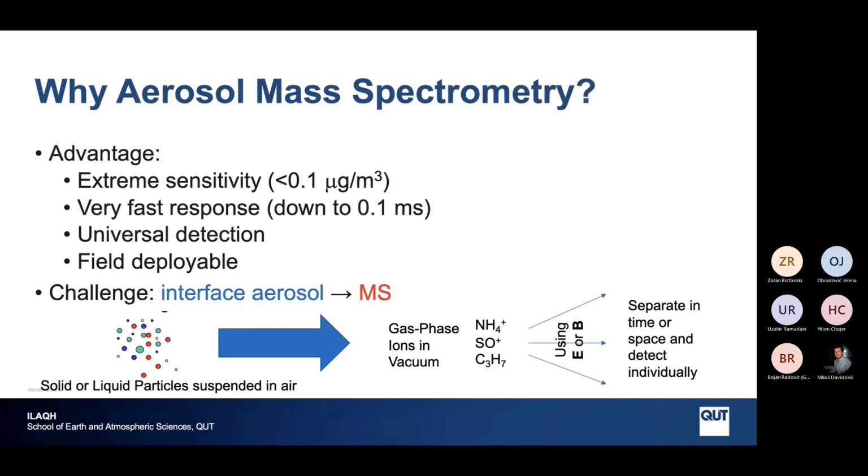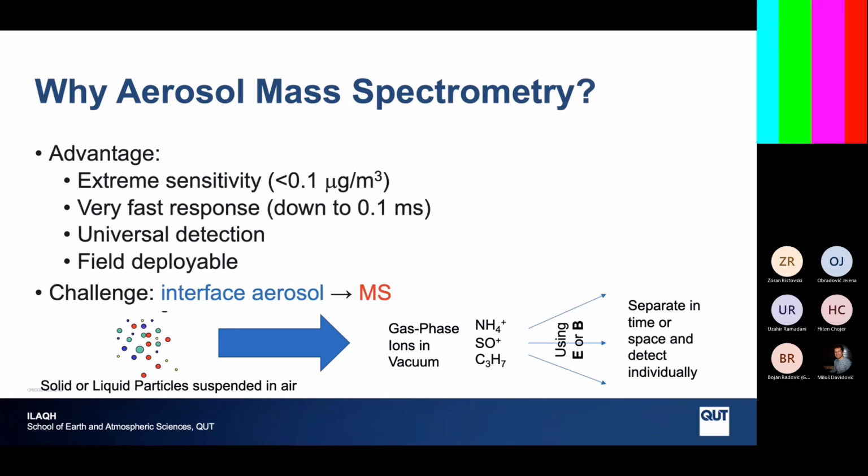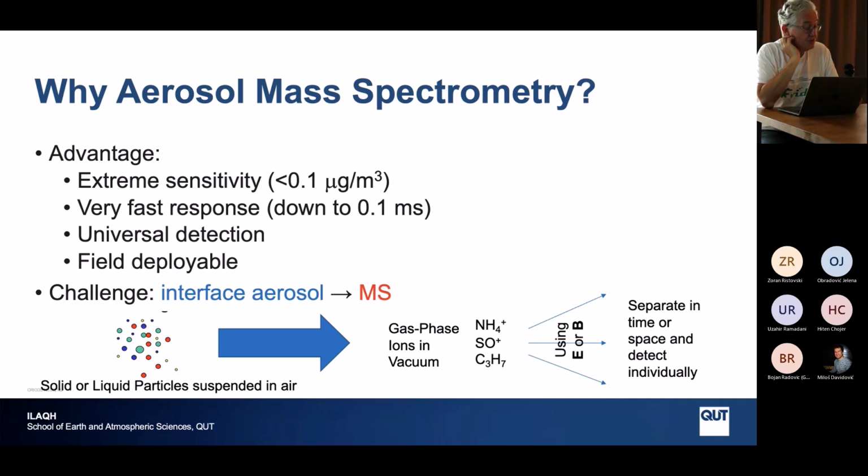So, what are the advantages of aerosol mass spectrometry? If we can actually bring the aerosols into the mass spec, evaporate them, and ionize them, we can get extremely high sensitivity, down to 0.1 micrograms per cubic meter of a specific molecule. It can be very fast, down to 0.1 millisecond, it has universal detection, and a lot of these instruments are field-deployable.